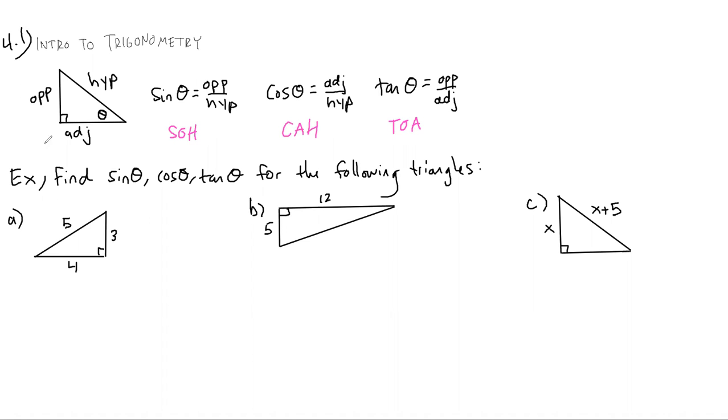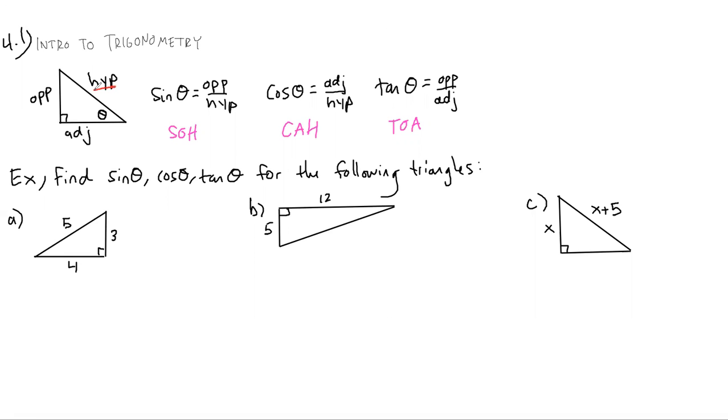First, looking at the triangle on the left here, we have this little symbol called theta. It's just the super commonly used Greek letter for angles. It looks sort of like a big O with a little line running through it. With regards to that theta, we have the three sides of a right angle triangle.